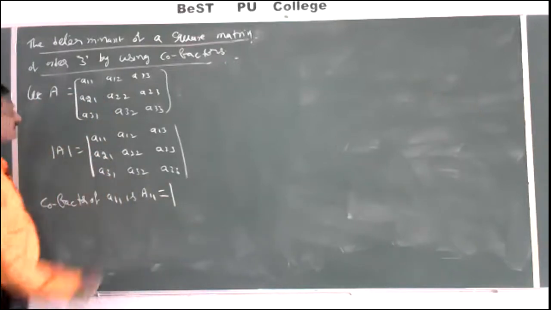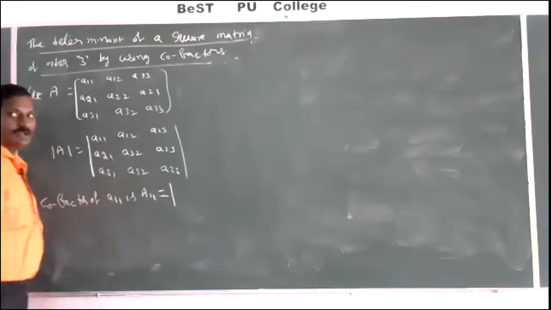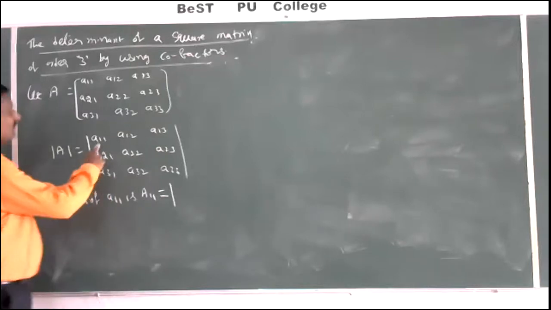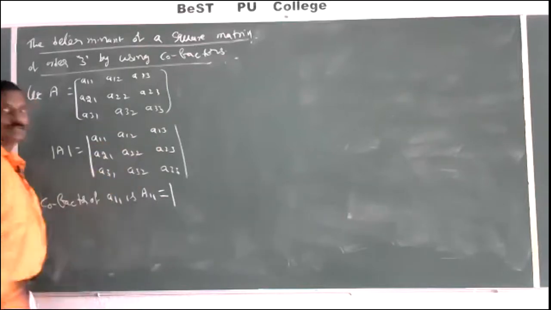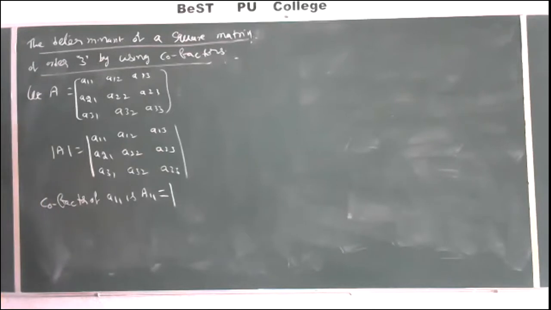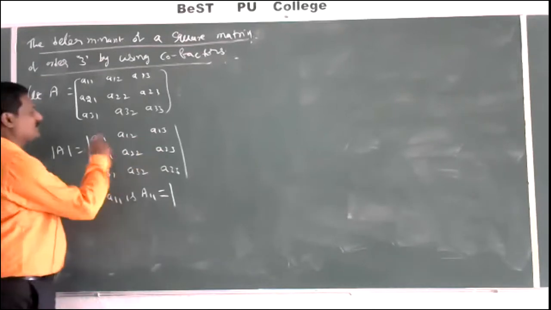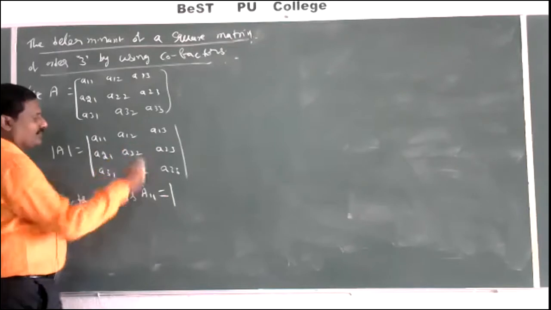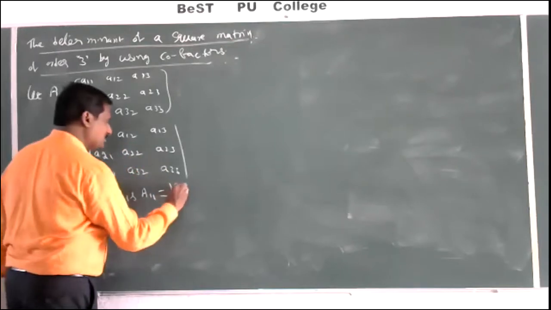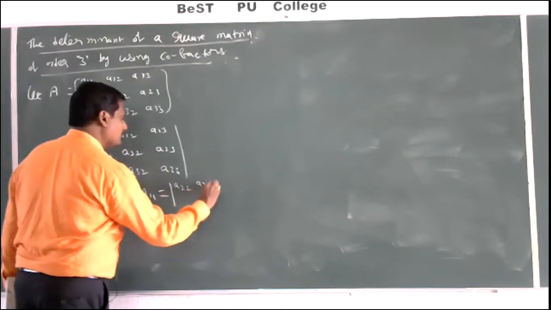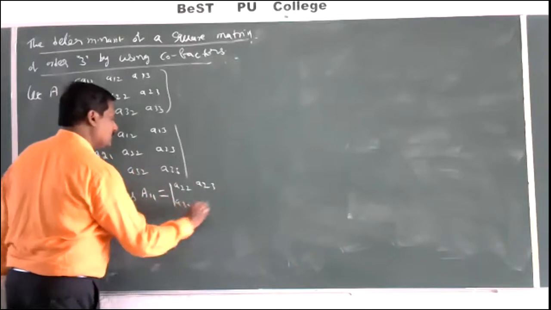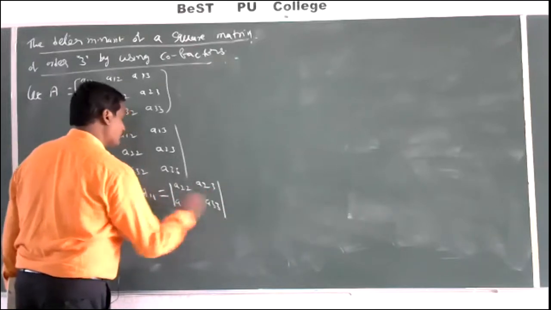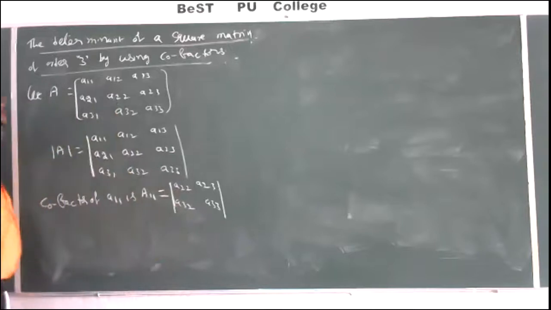Minor means left that where the element is present, left the row and column. Here A11 is present in the first row and first column. Left the first row and first column. Write down the determinant of remaining elements. What are those elements? 2, 2, 2, 3, 3, 2, 3, 3. It is the cofactor of A11.